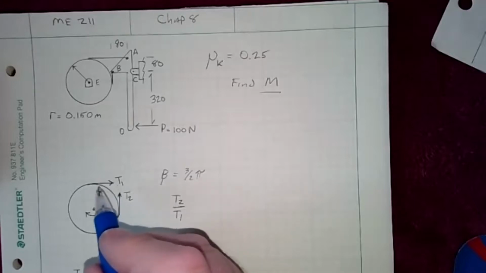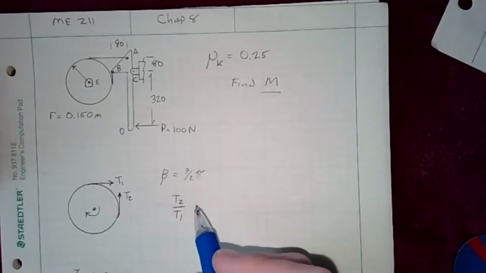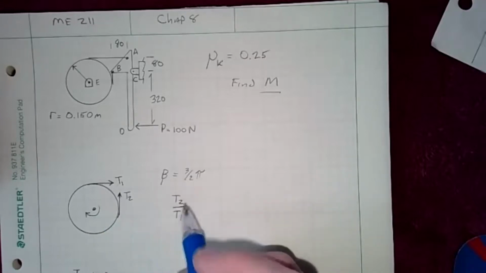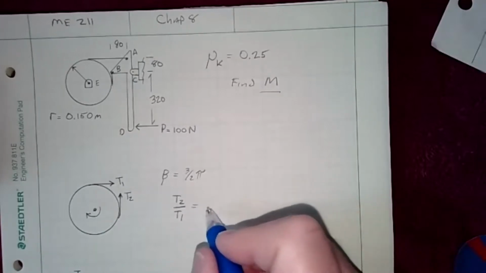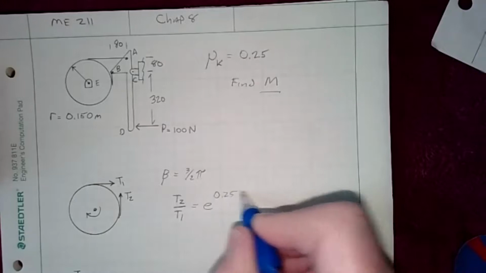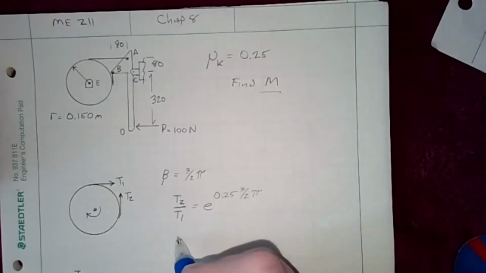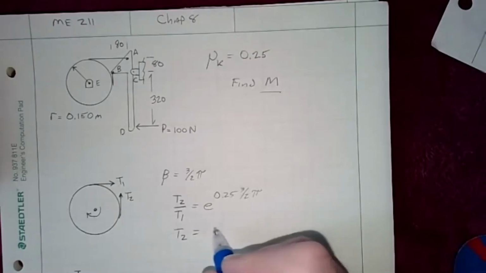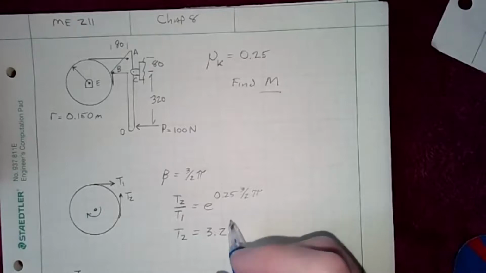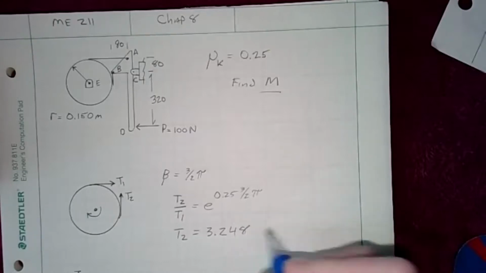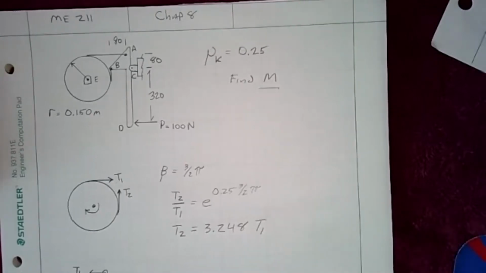Friction is actually helping by pushing it, so that one is going to be a lesser value. So we know that's T2, that's T1, and that's equal to e to the 0.25 times 3/2 pi. So we get a ratio of T2 equals 3.248 T1. All right, and that's our ratio.